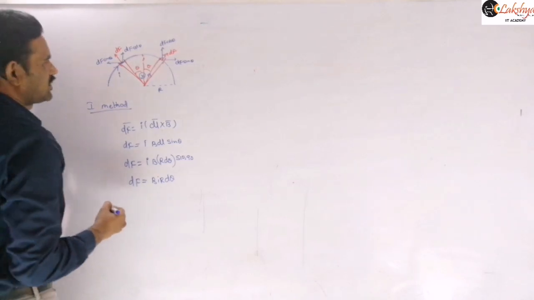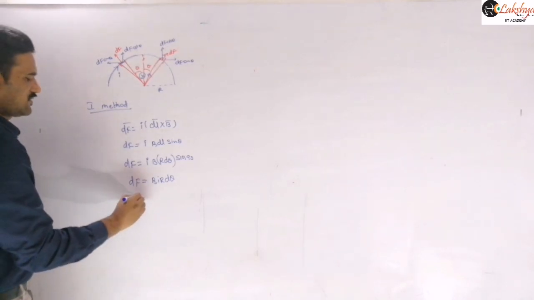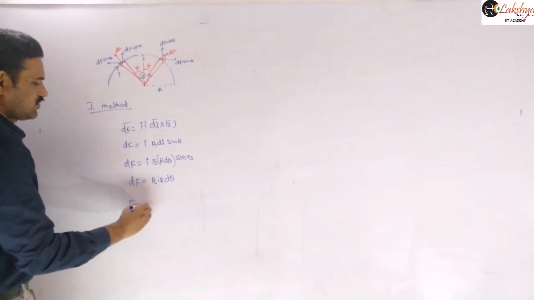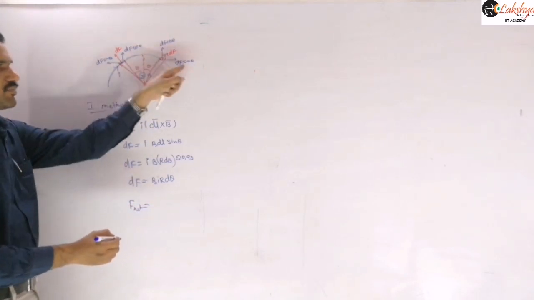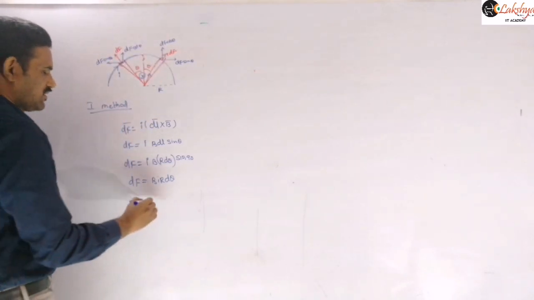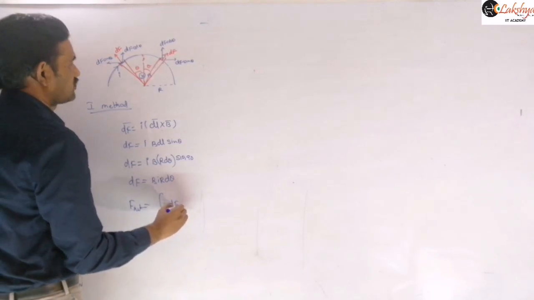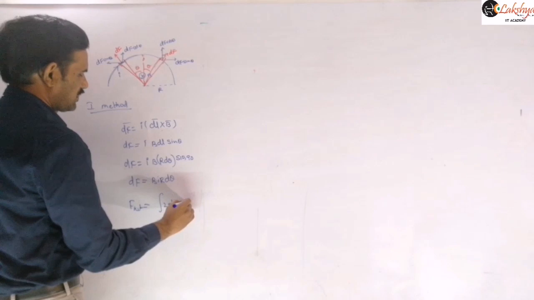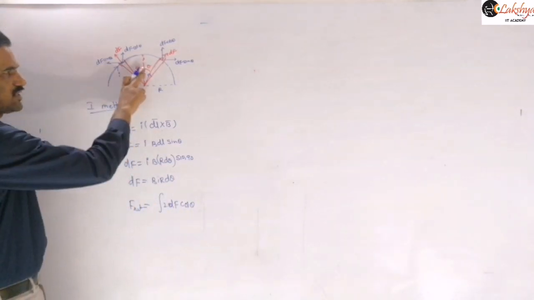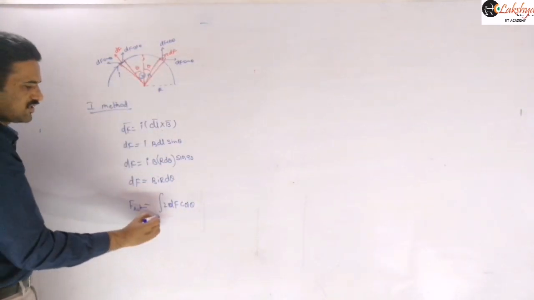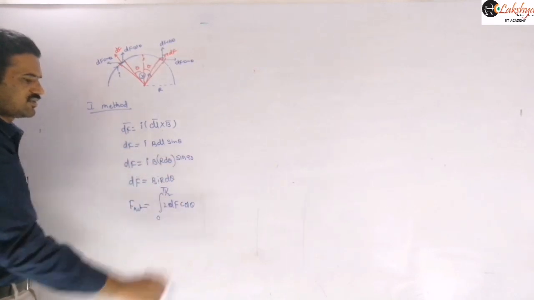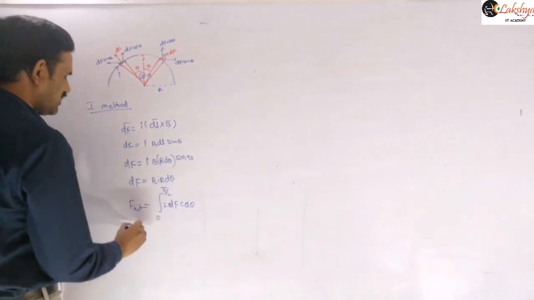From this you can conclude that the two sin components will be cancelled, and the net force is dF cos theta. So I take it as 2 dF cos theta, and we need to consider limits on only one side, from 0 to pi by 2. You can simplify this expression.